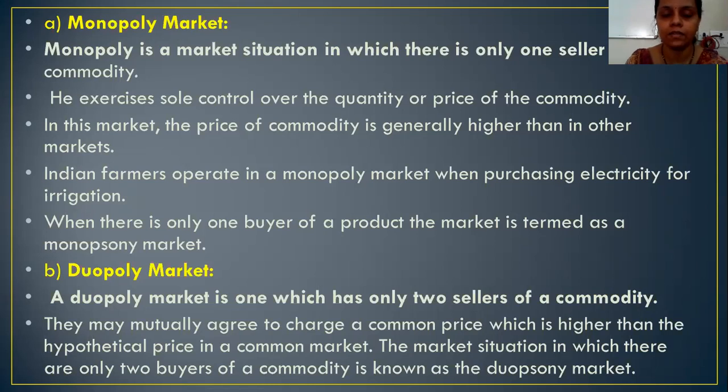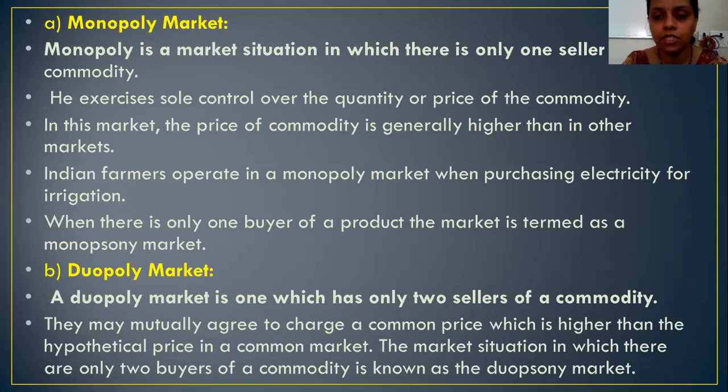If two sellers exist, they may mutually agree to charge a common price which is higher than the hypothetical price in a common market. If the price in other markets is like 10 rupees, then they can raise the price of their product to 12 rupees. So this is the example of price determination in the case of a duopoly market.